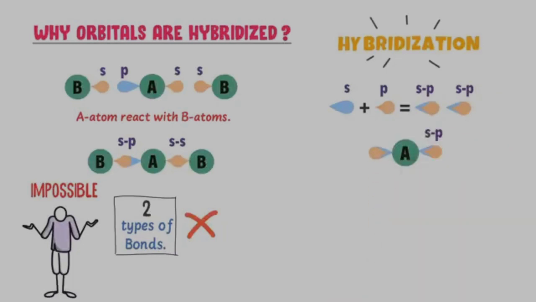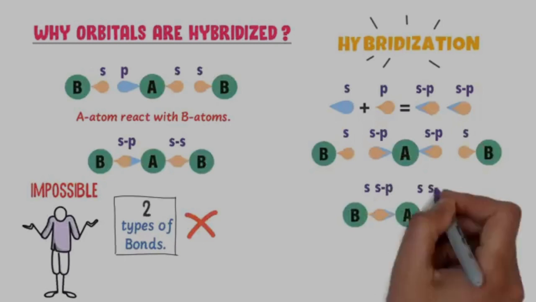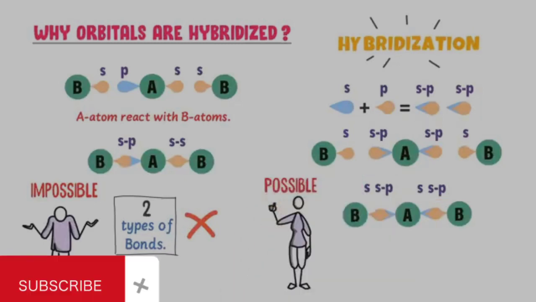Here, this is sp orbital and this is also sp orbital. Hence, this sp orbital of A atom will form covalent bond with s orbital of B atom, and this sp orbital of A atom will also form covalent bond with s orbital of this B atom. So this is now ssp bond and this is also ssp bond. Now we can say that A atom forms ssp bond with B atom, which is possible, understandable and 100% right.